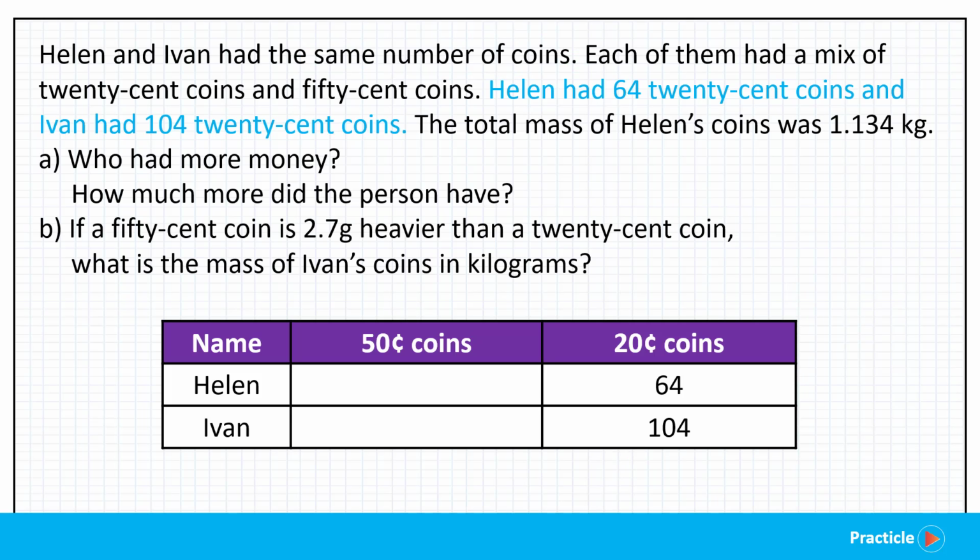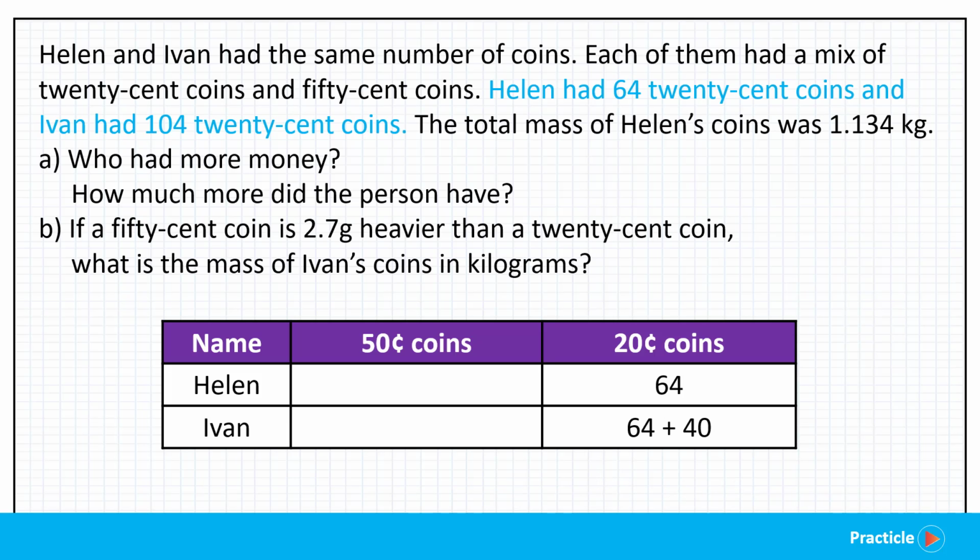Following so far? Let's calculate the difference in the number of 20-cent coins that they had by subtracting 64 from 104, alright? And what do you get when you work this out? I hope you got 40, and if you did, great job. Now we know that Ivan had 40 more 20-cent coins than Helen.